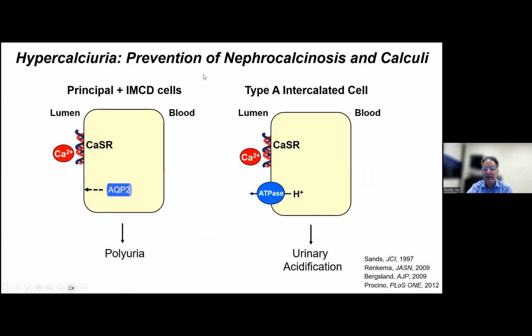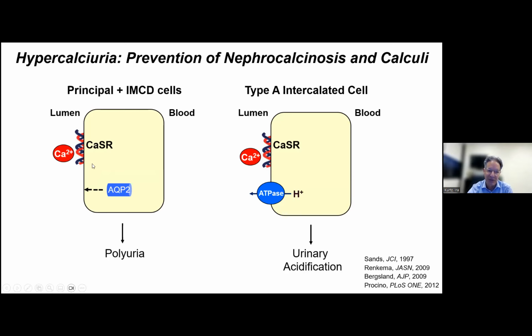The other thing that happens in metabolic acidosis or in hypercalciuria: why, when we get hypercalciuria, do we normally not get nephrocalcinosis or calculi? Because you have so many patients with hypercalciuria who don't get renal stones or nephrocalcinosis. And one of the thoughts is when you get hypercalciuria, in the principal cells and in the intermedullary collecting duct cells in the nephron, the calcium binds to the calcium sensing receptor.